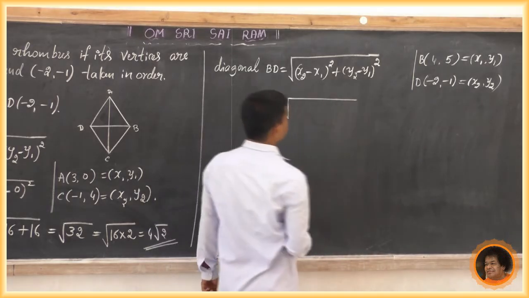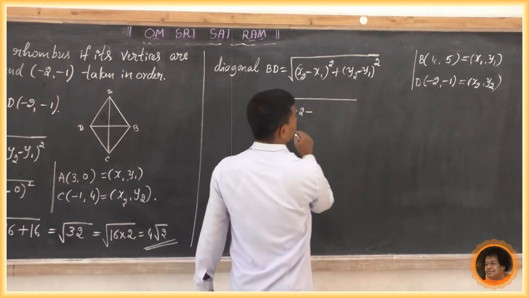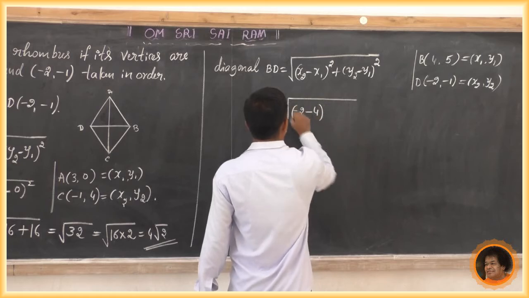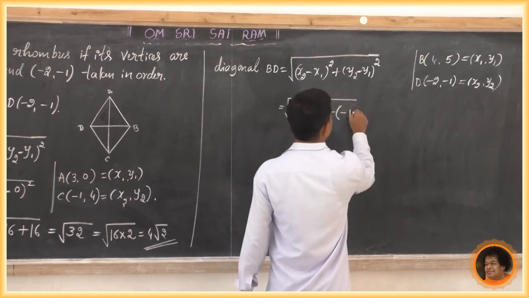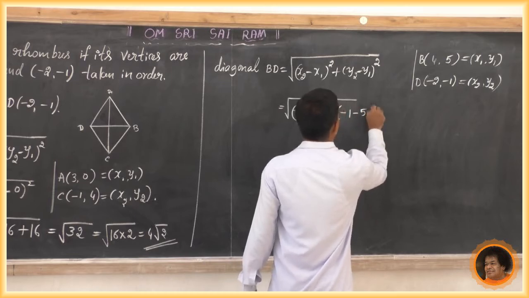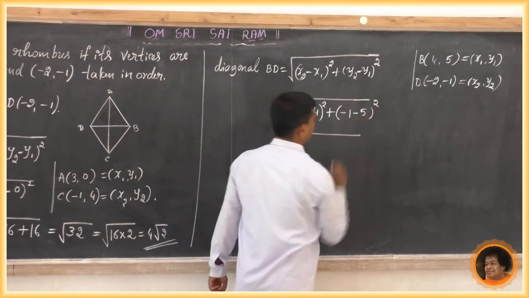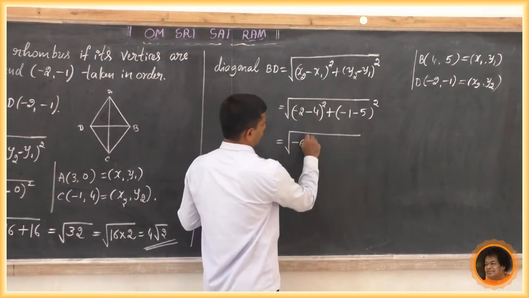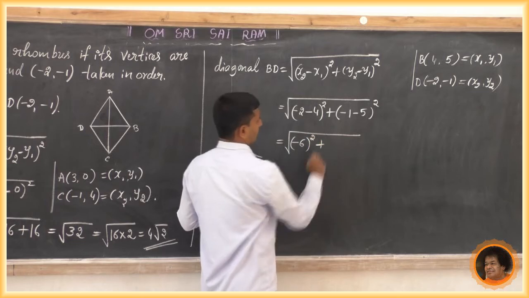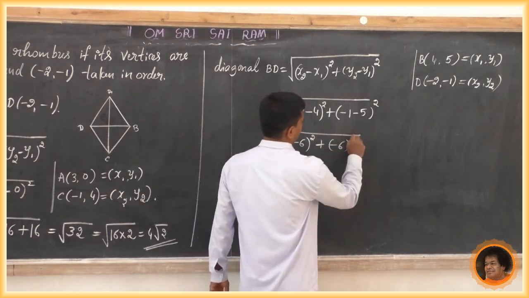Square root of (x2 minus x1) whole square. x2 is minus 2, minus x1 which is 4, whole square, plus (y2 minus y1) whole square, minus 1 minus 5, whole square. So equal to the square root of minus 2 minus 4, that is minus 6, whole square, plus minus 1 minus 5, that is also minus 6, whole square.